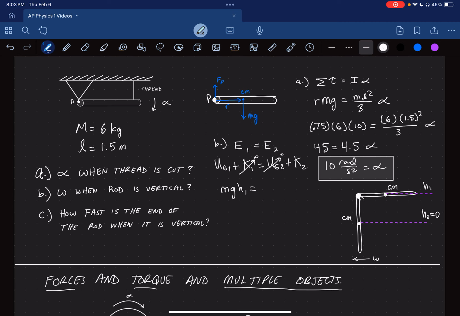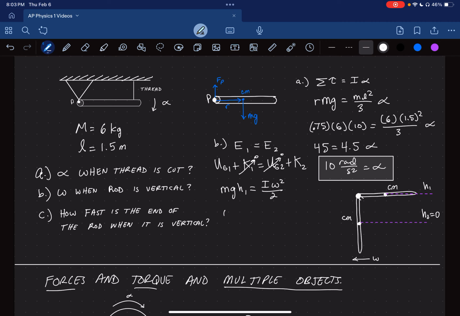This is not translating, this is rotating. And so what we want is rotational kinetic energy, which instead of m, we're going to use rotational inertia. Instead of v, we're going to use omega. And don't forget the 2 on the bottom. So remember, it's analogous to mv squared over 2, but for rotation, I omega squared over 2.